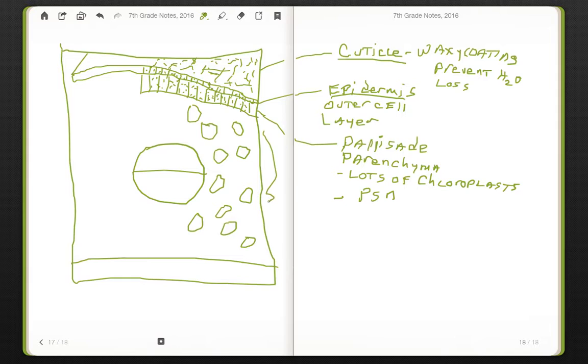And this area of the leaf, the main area of the leaf, that's called the mesophyll.